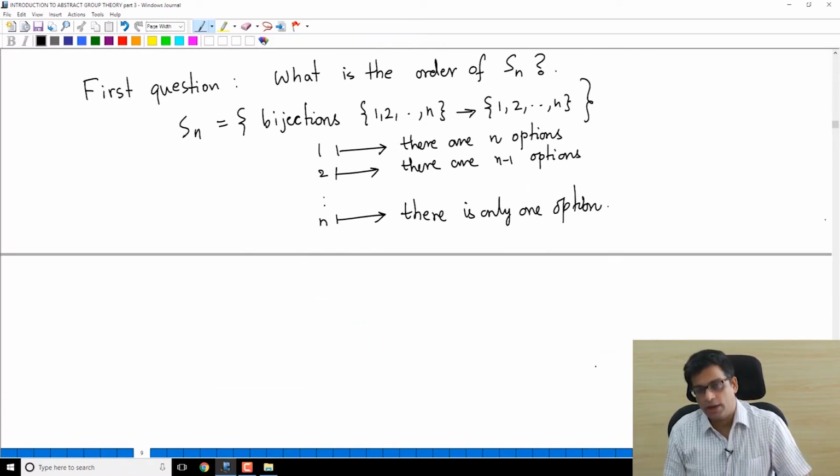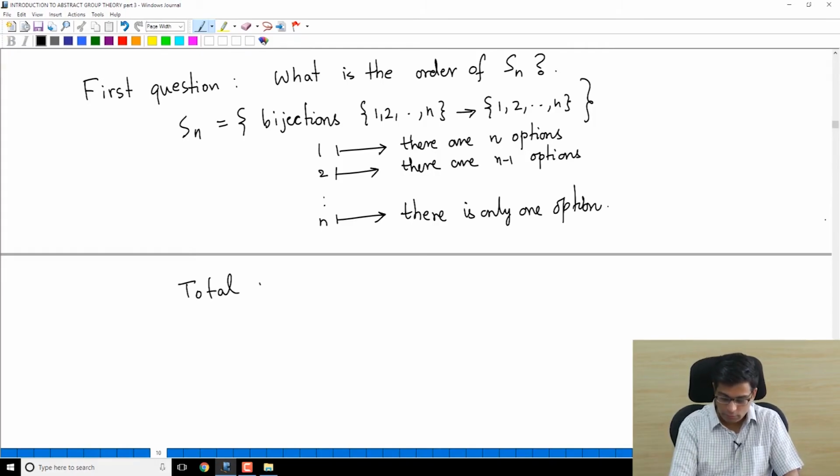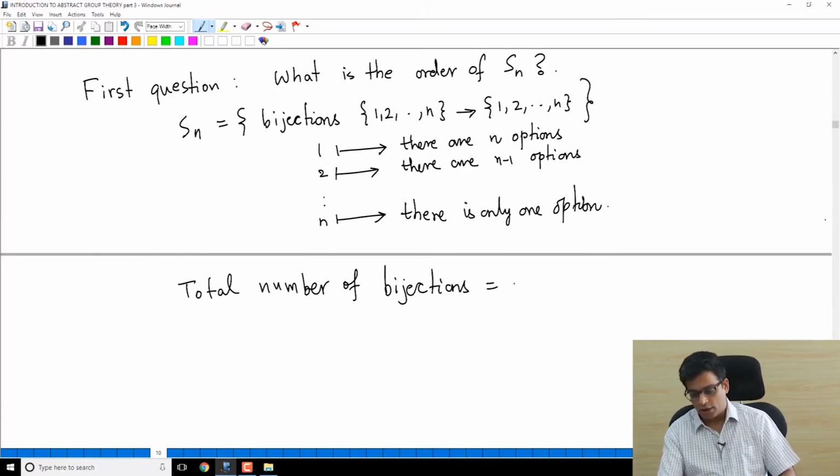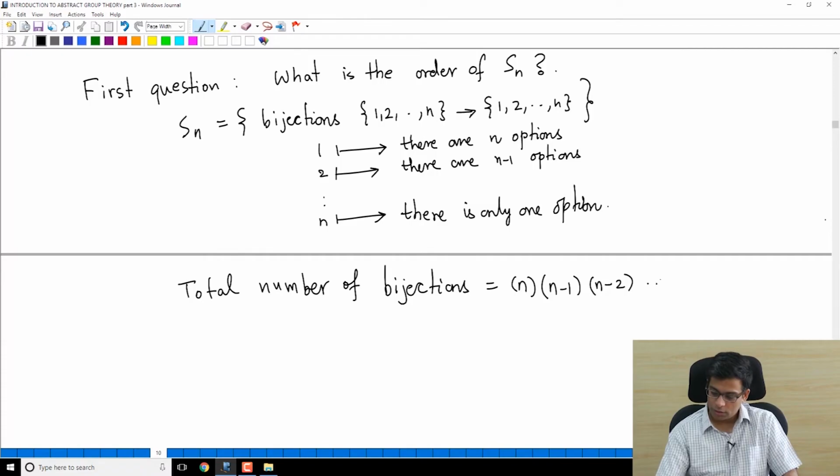Now how many are there in total? This is a principle in counting. The total number of bijections: because 1 can go to n of them, it is n times 2 can go to n minus 1 of them, 3 can go to n minus 2 of them, and so on.